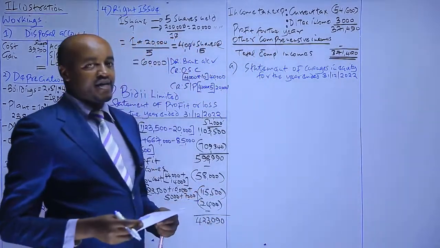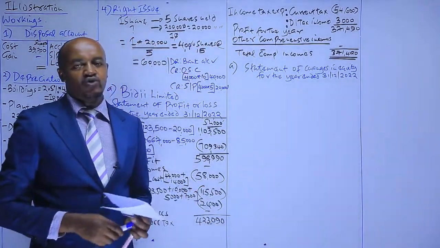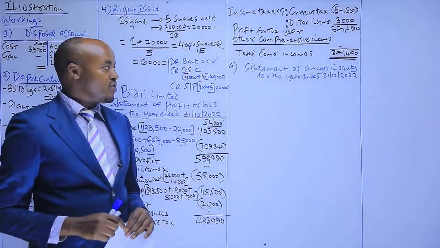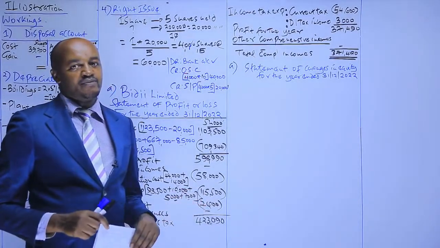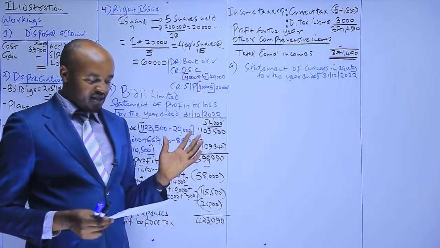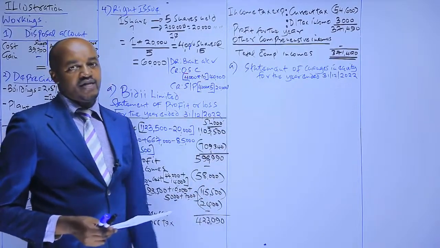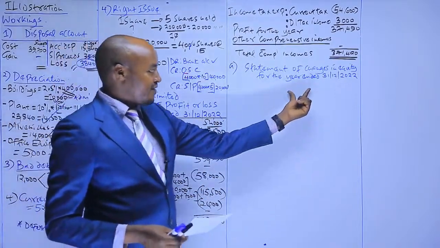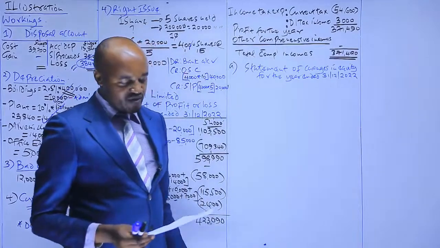Remember, this is prepared to explain why there was a change in the various items of equity. In preparing this statement, we start with the details column, and then we identify the items of equity our company had during that year.